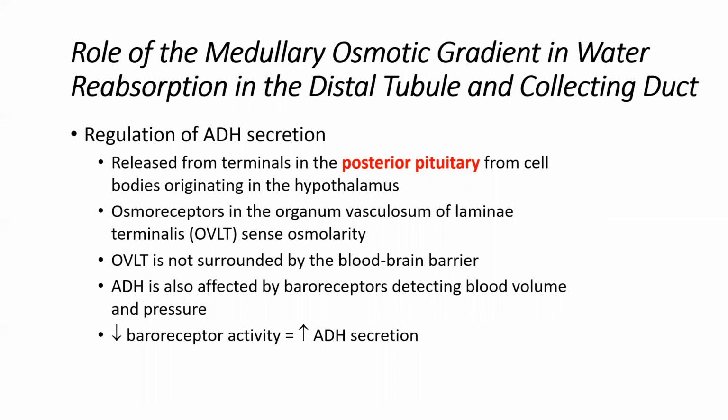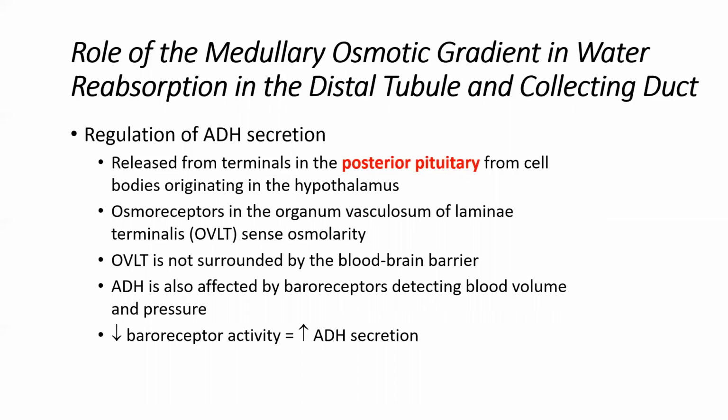These are basically osmoreceptors that are sensitive to the osmolarity of plasma. They are going to determine whether or not the osmolarity needs to be regulated, and in doing so, whether or not ADH needs to be secreted.